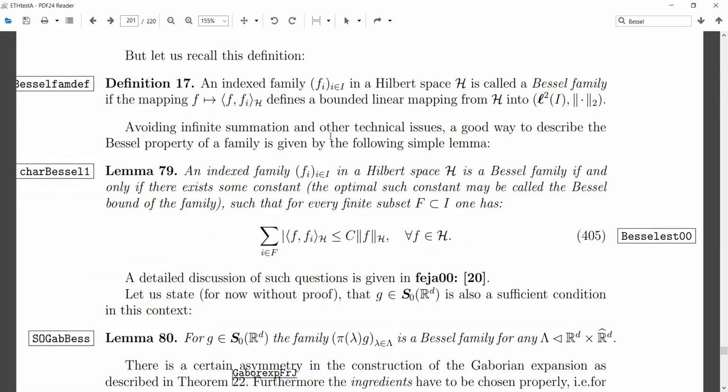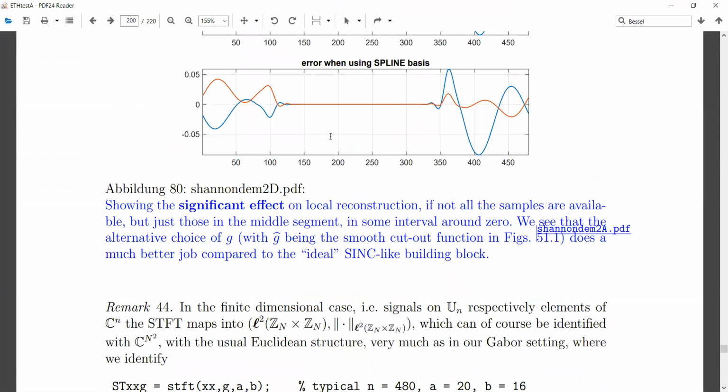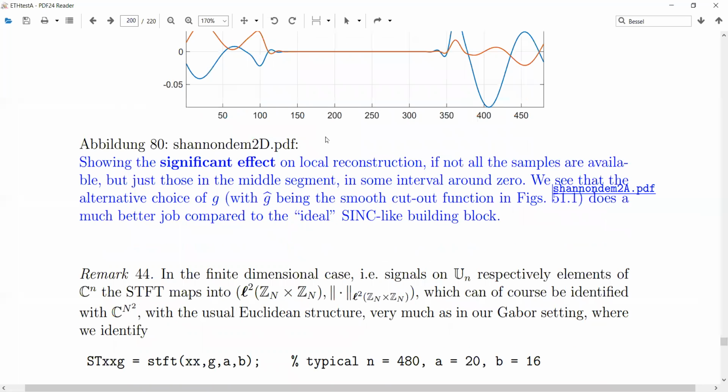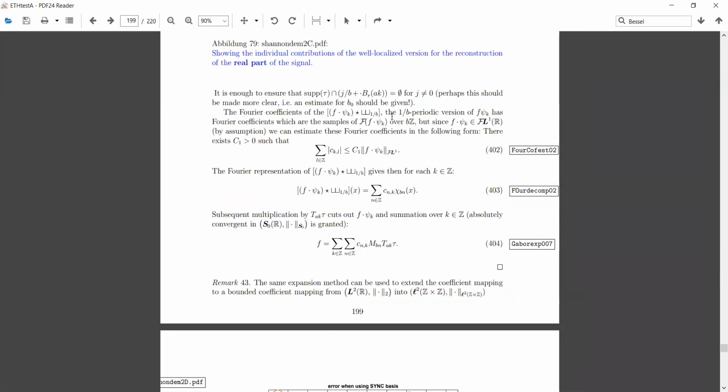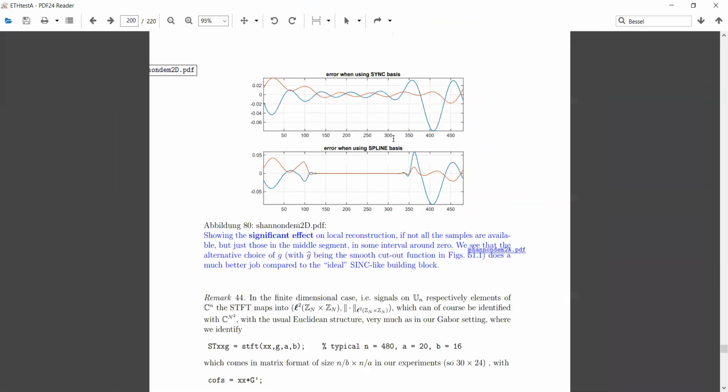a Gabor expansion. So I hope I have it here. No, that's now a difficulty. Yeah, here I'm saying what I'm getting.